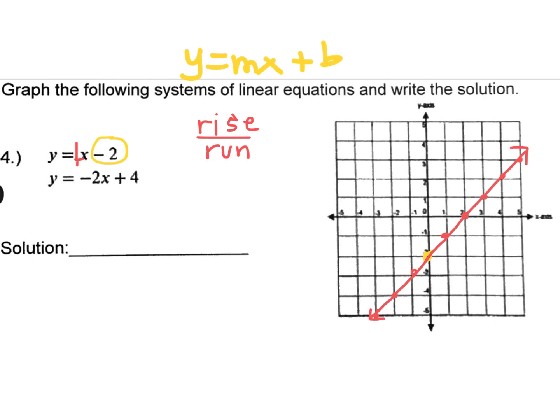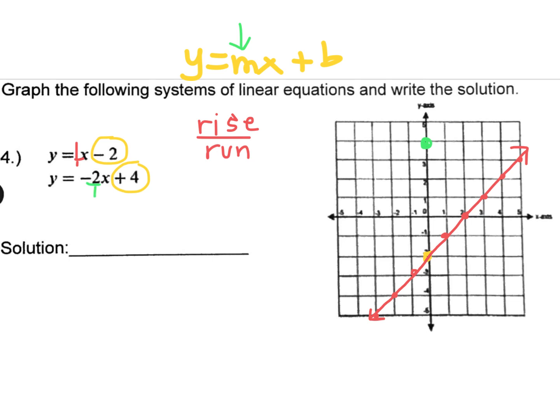Okay. The next equation, again, y equals mx plus b, begin at the b and put a point. So I'm going to begin at +4 and put a point. And again, my slope is rise over run, and it's the number in front of the x. Slope is right there in front of the x. So we have a -2 for our slope.